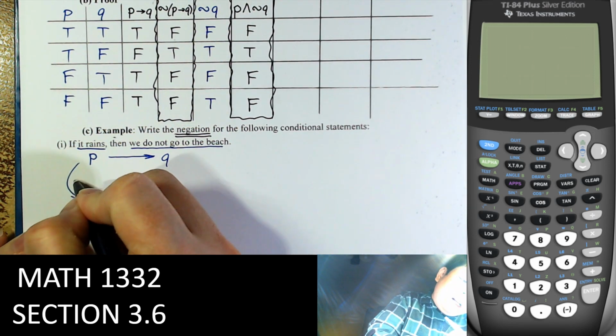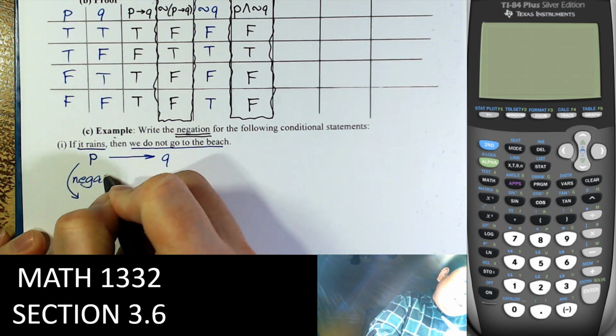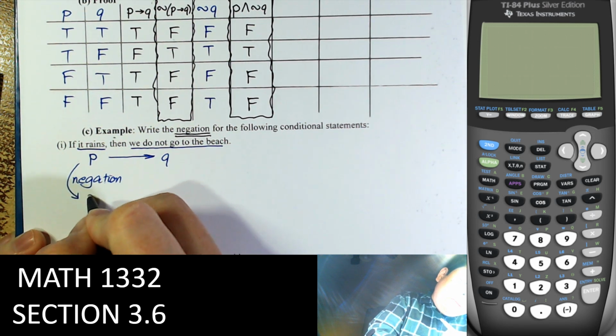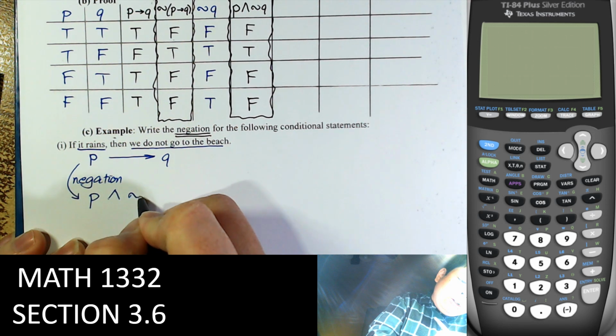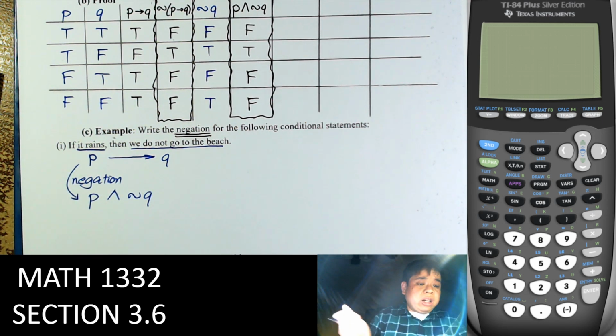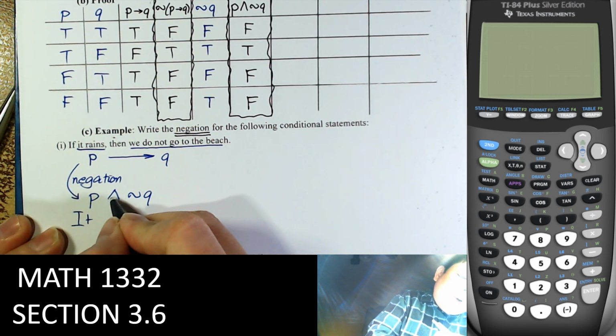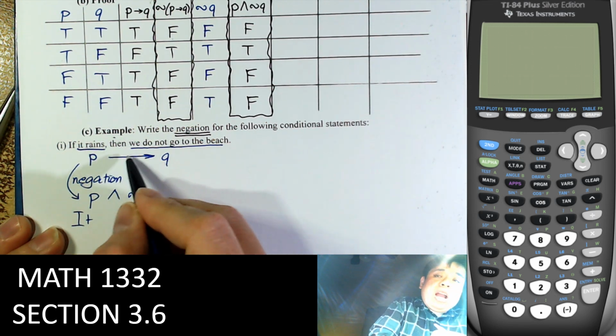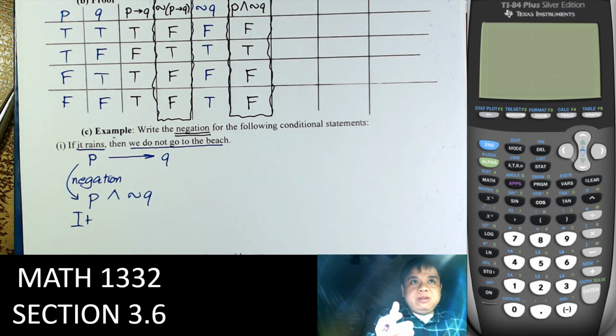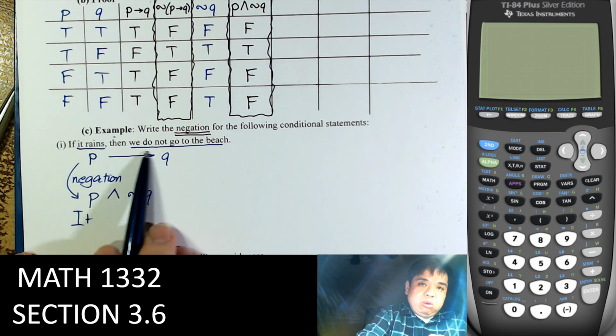So if we turn that into a negation, it's going to be P and not Q. So we just write P, it rains. Notice that it's no longer the implication, so we're not going to write if, because the if works for the arrow.